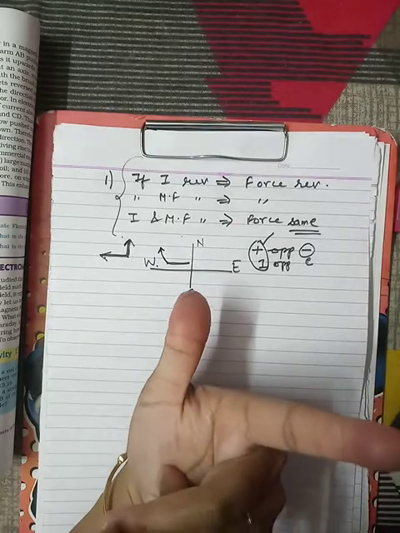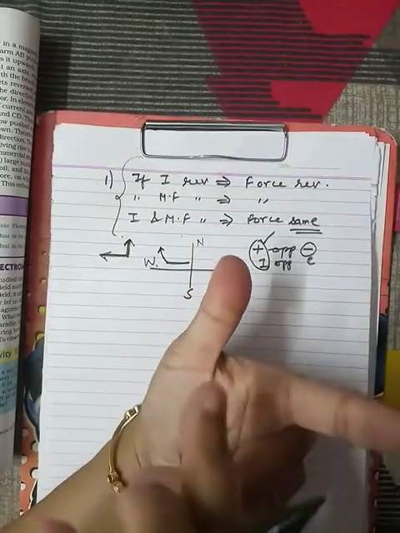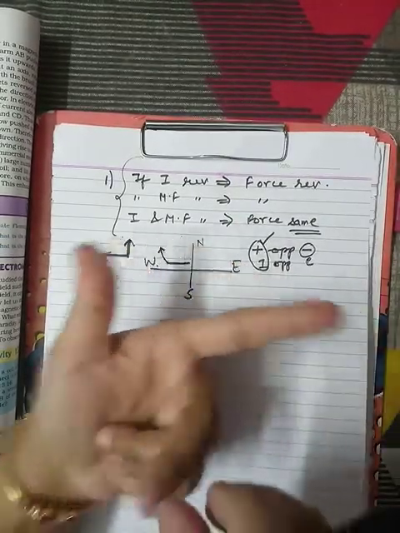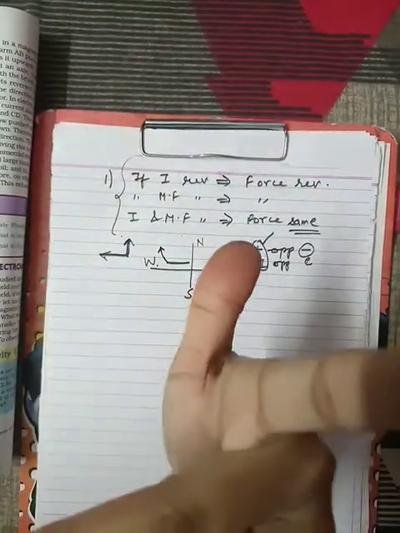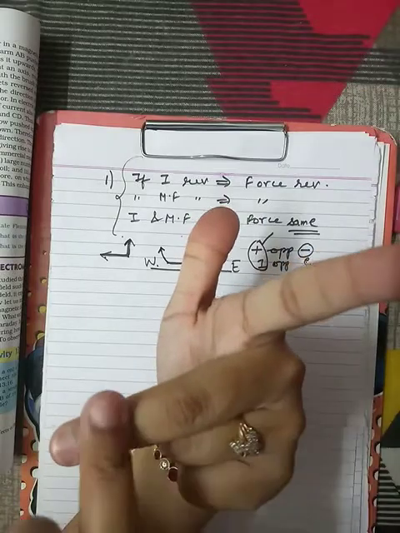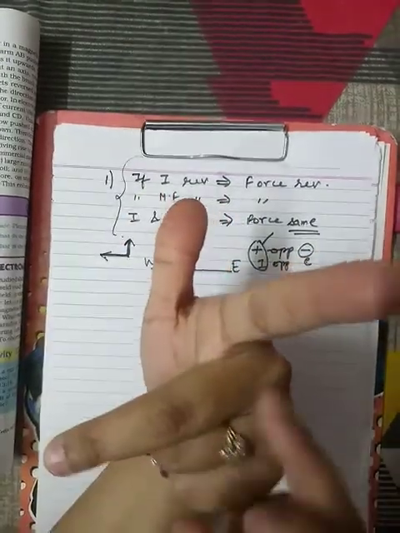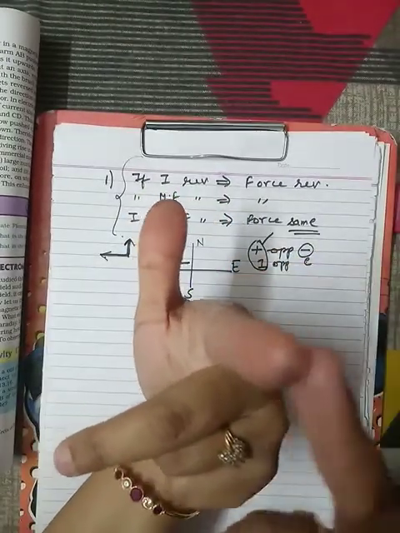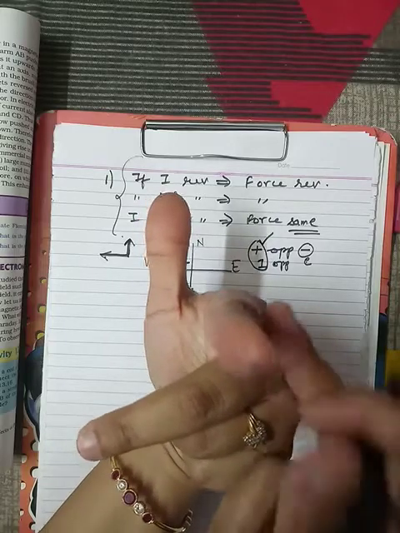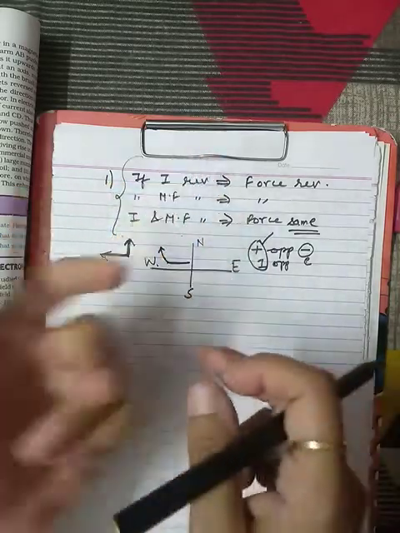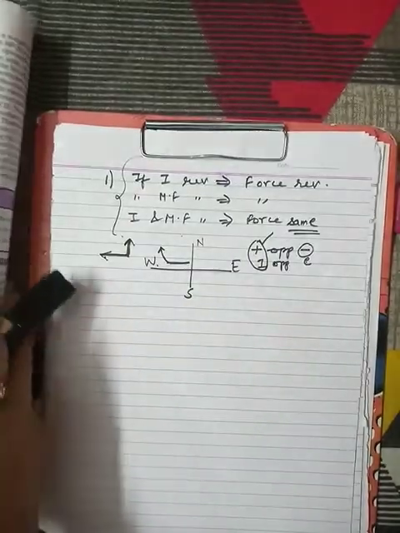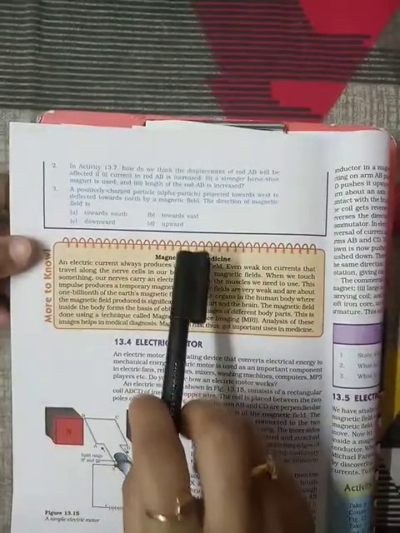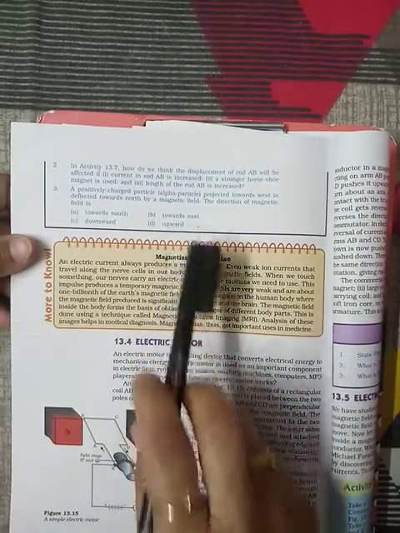So it is west, and it is north. Okay, so what is the direction of the magnetic field? It is upward, it should be upward. So your answer should be upward in this question.